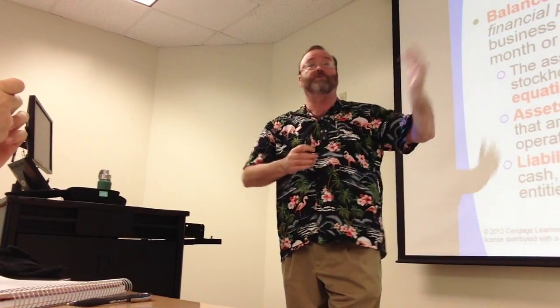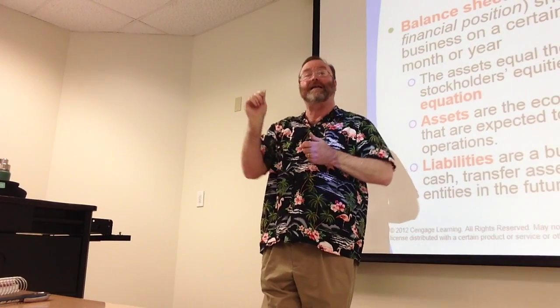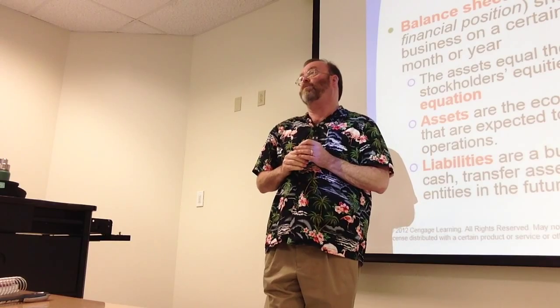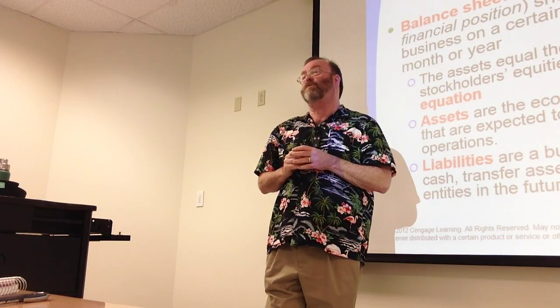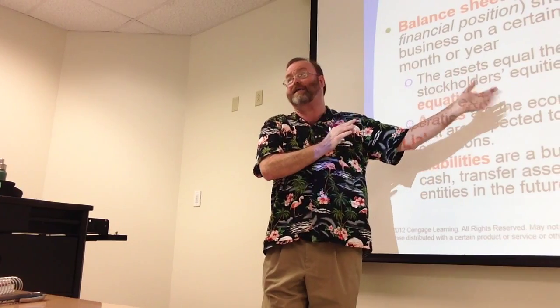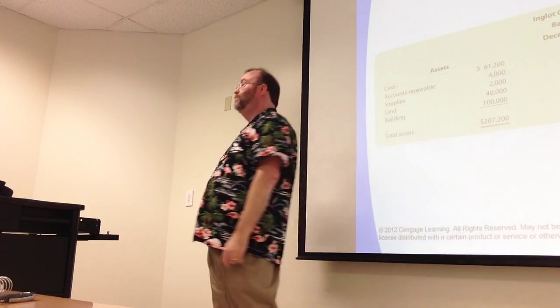And for that reason, when we get to it on Wednesday, you'll see we entitle it, we date this financial statement slightly different than we do the income statement or the statement of retained earnings. Because they measure activity, this does not. It's just a picture in time. Okay? All right.